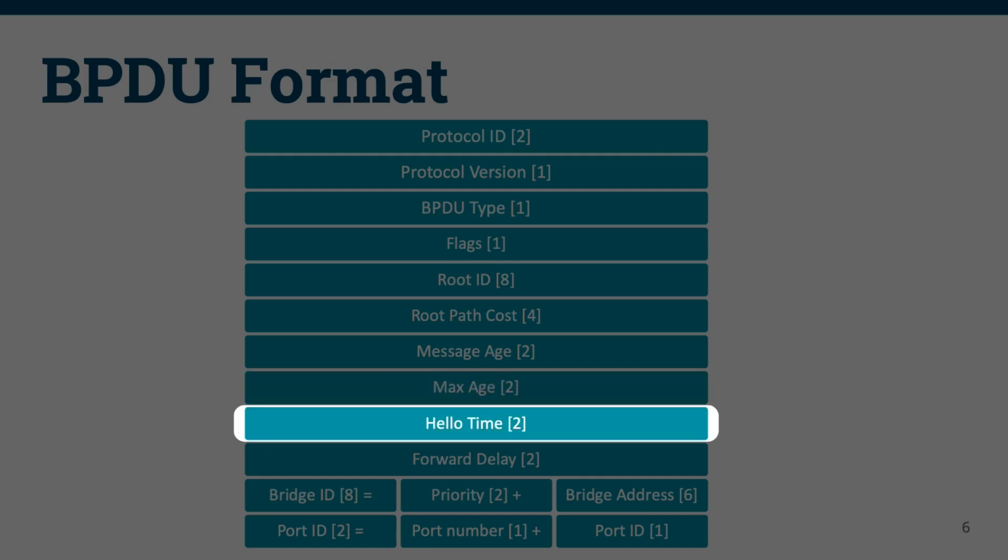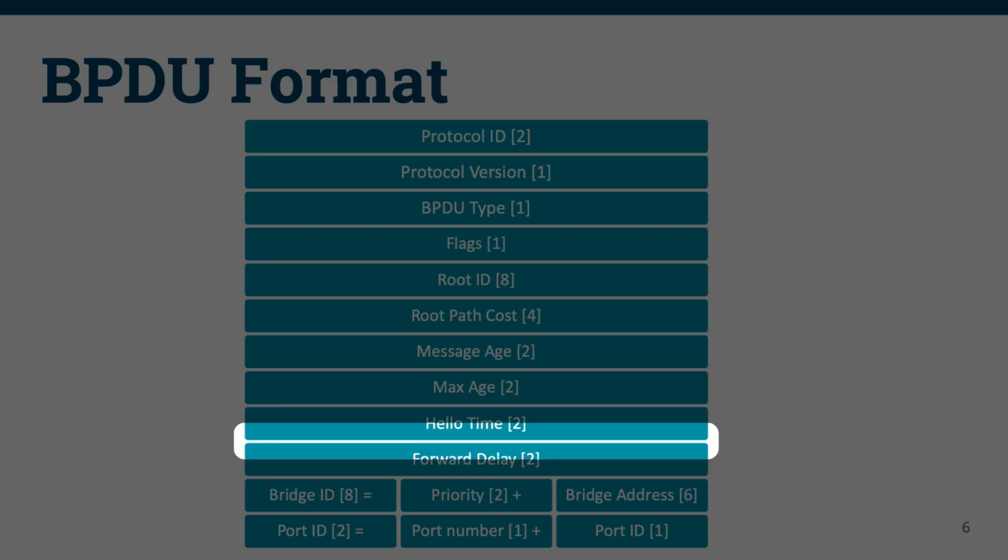The hello time is, as it sounds, the interval that the BPDUs will be transmitted in, as the configuration BPDUs are used as a sort of keepalive by the root. And finally, the forward delay is the time to wait to transition port states.